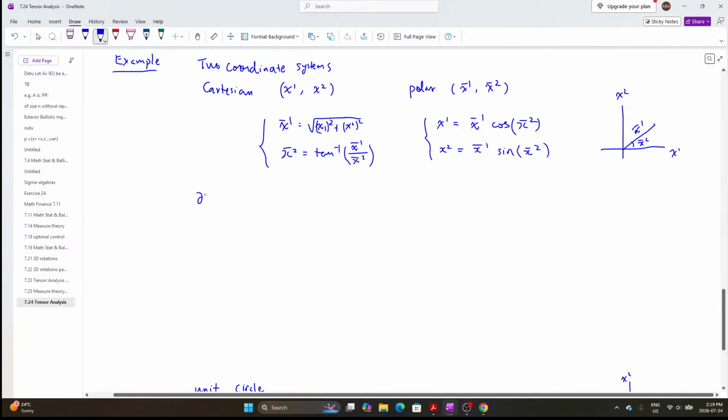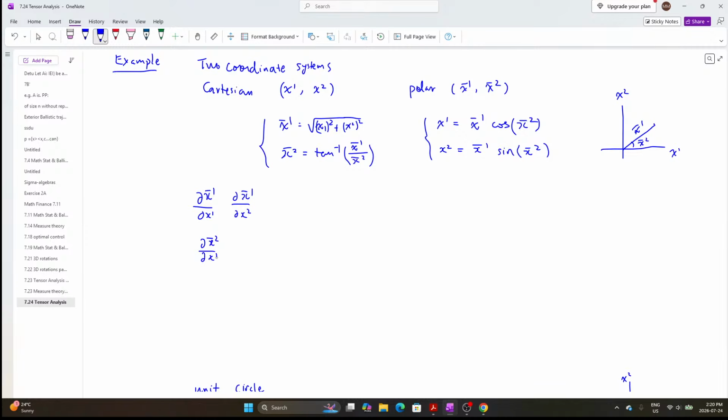So you've got dx bar^1 over dx^1, dx bar^1 over dx^2. I'll write it in matrix format, and then dx bar^2 over dx^1, and then dx bar^2 over dx^2. Okay, differentiation should be straightforward.